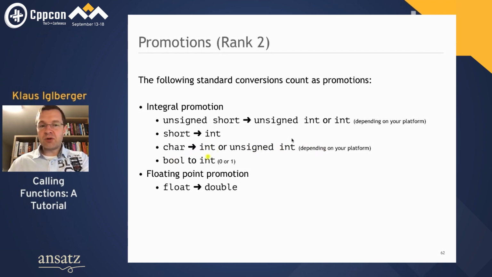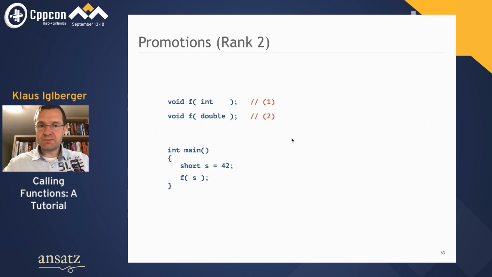And a bool can be converted to int. That is integral promotions. And there is also one available floating point promotion. Float can be converted to double, and this is considered better than other kinds of conversions. So rank 2 promotion is considered better than any other kind of conversion.